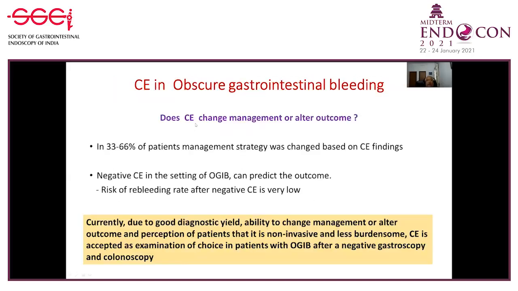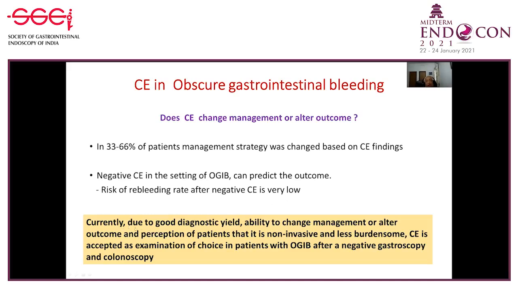Next, does capsule endoscopy change management or alter outcome? Studies have shown, yes, in about a third to two-thirds of patients, the management strategy was changed based on capsule endoscopy findings. Another important point to note is if there is a negative capsule endoscopy in the setting of obscure GI bleed, the rebleeding rate after a negative CE is very low.